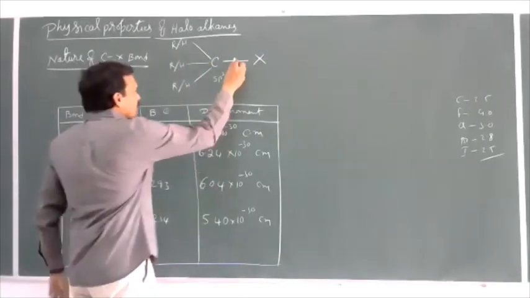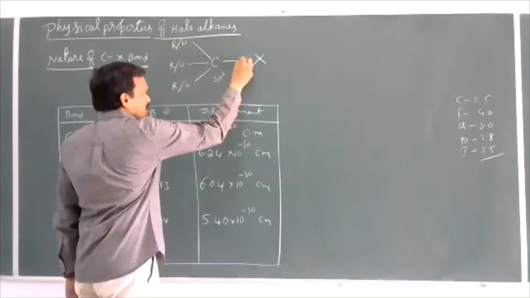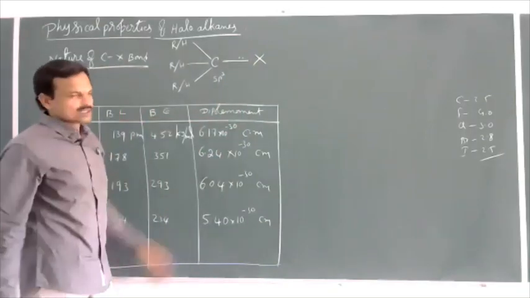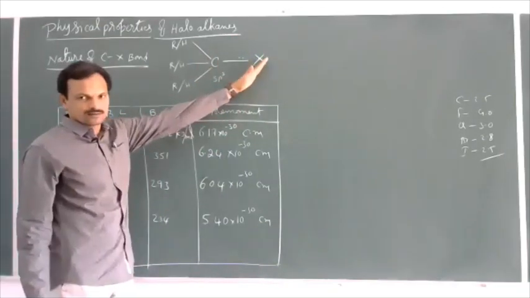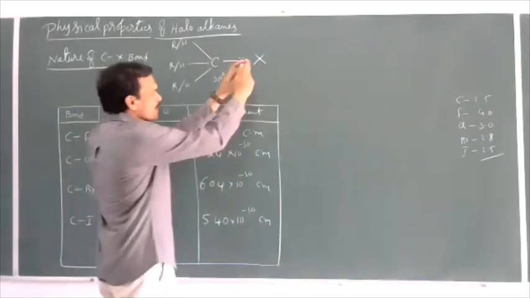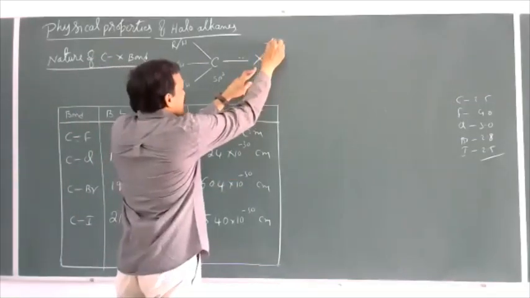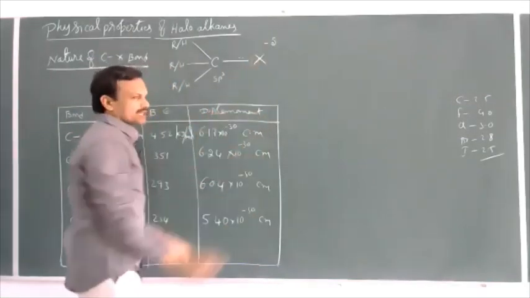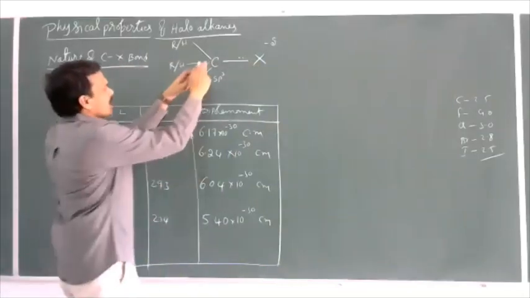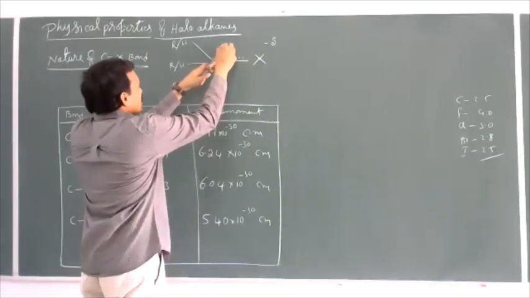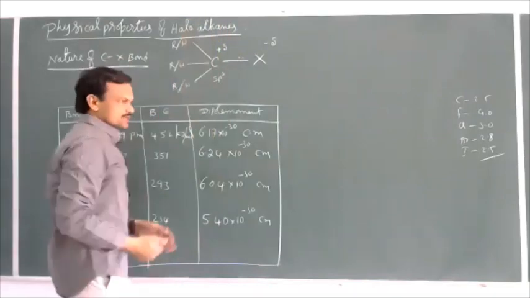So the shared electron pair is partially displaced towards the halogen atom. As a result, this halogen acquires a partial negative charge and carbon acquires a partial positive charge.